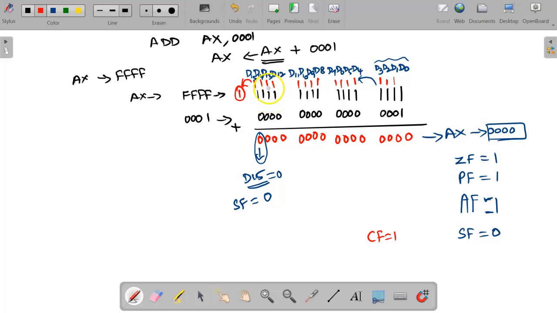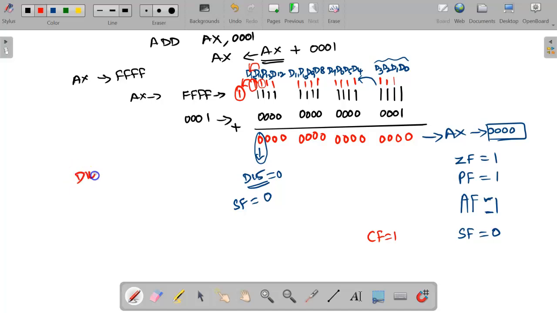Previously from the D13th bit we are getting one carry here, right? So this 1 plus 1 becomes 10. So 0, and we are getting the carry here. So we are getting the carry from the D14th bit to the D15th bit as 1, as well as from the D15th bit we are getting the carry as 1.